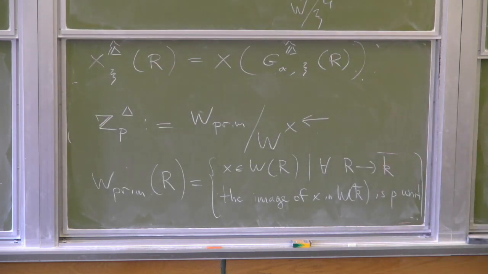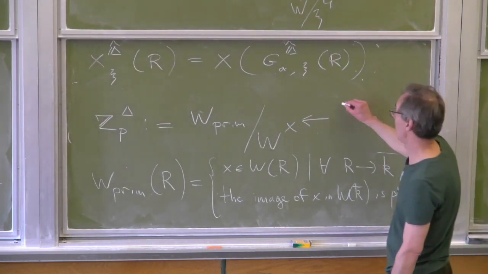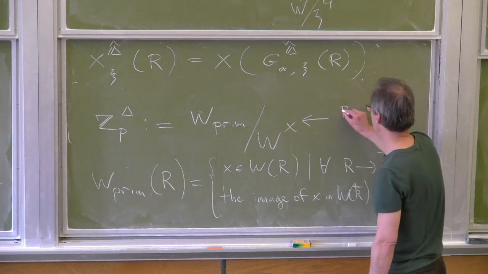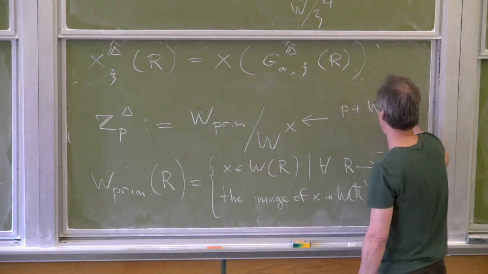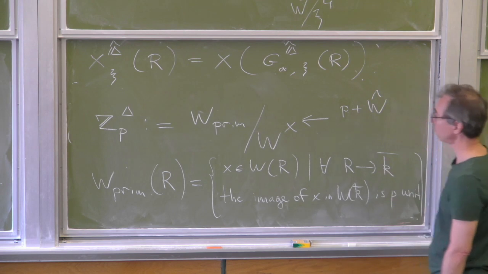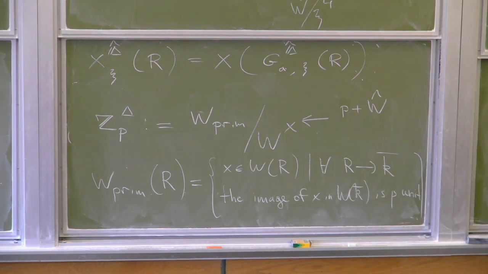Anyway, there is a map: any strongly primitive bit vector is in particular primitive, so there is a map to this quotient.